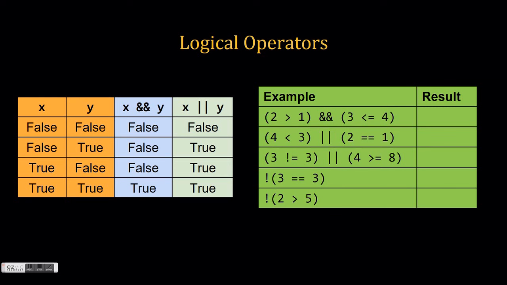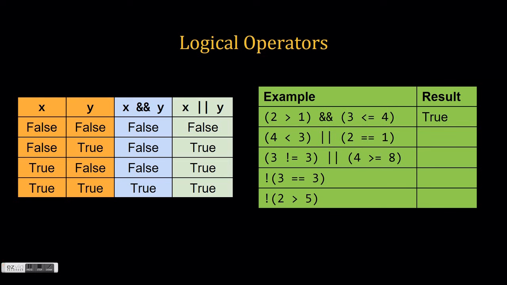And then we have y, which is the expression on the right hand side, is true. And then now we look at the overall outcome that you get from the expression of ANDing both variables. So we see here, if x is true and y is true, then the overall expression evaluates to true. Therefore, the result is true.